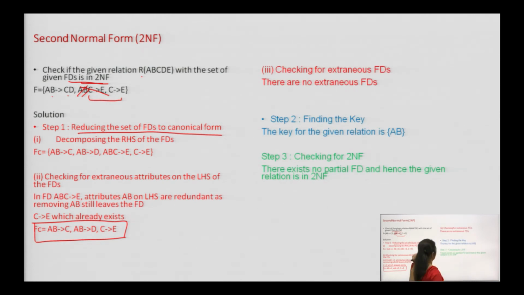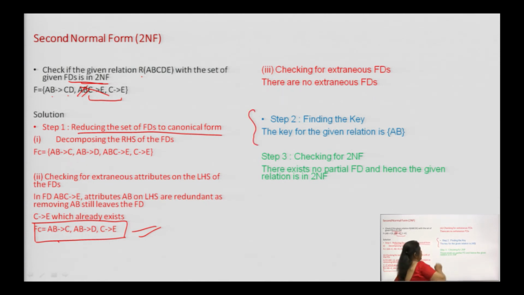Checking for extraneous functional dependencies, looking at the canonical cover now, we see there are no extraneous functional dependencies. So, this is the canonical form of our given set of functional dependencies.